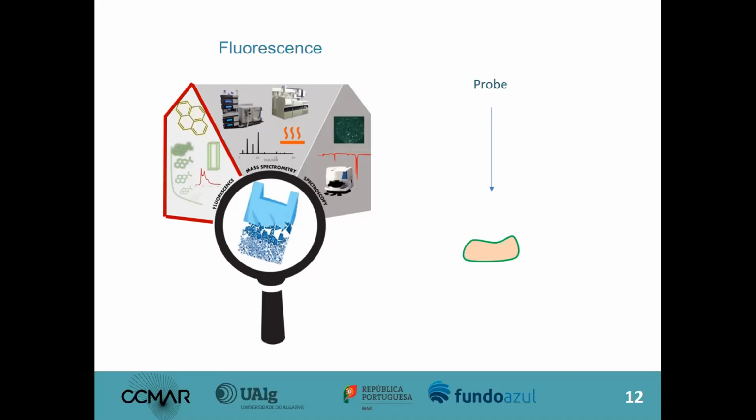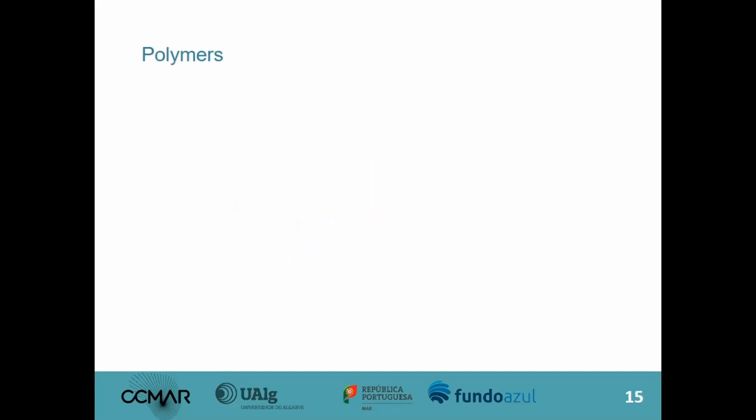But the microplastics are relatively non-polar, and so your probe will migrate to your microplastic. And if you shine light on your microplastic that has absorbed your probe, you will see fluorescence from the probe, specifically from the microplastic. Okay, that's the principle that underlies the use of a fluorescence method to detect microplastics.